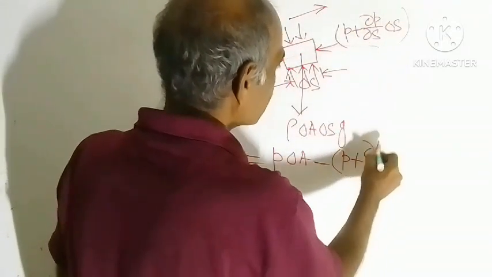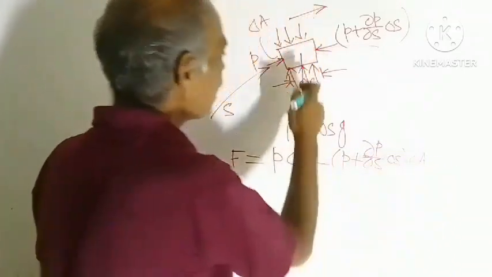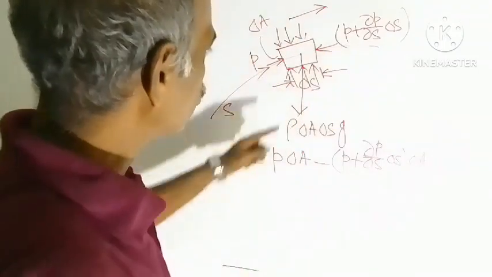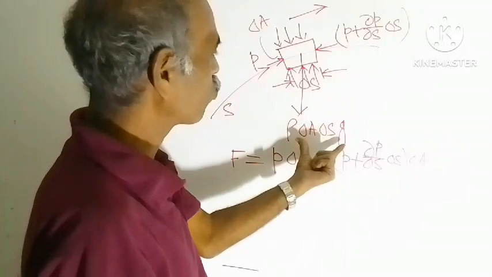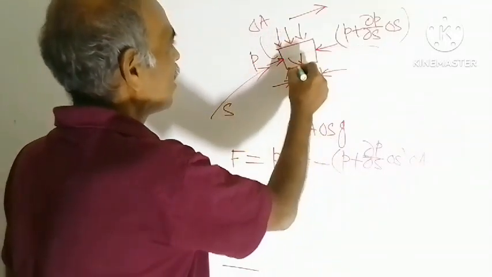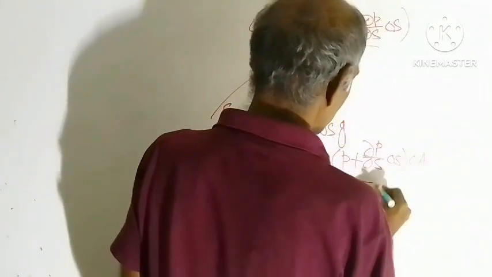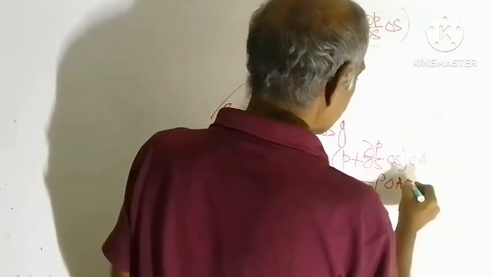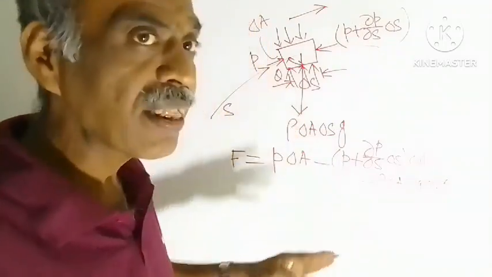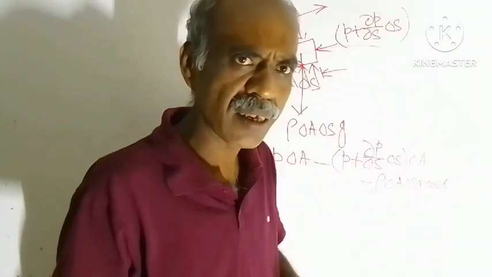So P plus del P del S into delta S, into delta A. Then component of this will be along this direction. So this weight multiplied by this, say this angle is theta. Then here with a negative sign you need to write that thing, rho delta A delta S g cos theta. And the remaining thing is same as my previous video.